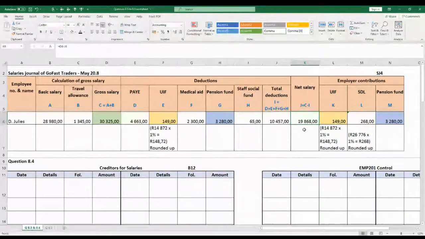Before we move on to recording it in our general ledger, do you guys have any questions on the journal itself? You can either pick up the mic and ask your question, or you can type it in the chat function for me. Okay, do you guys have any questions?